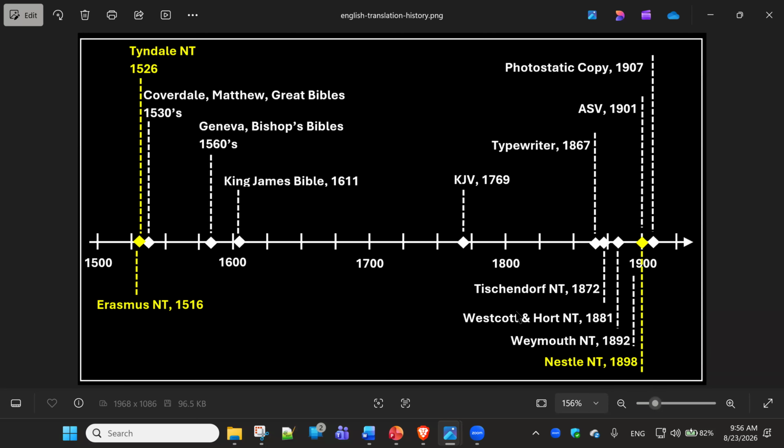You have, well, let's pick two entirely different manuscript traditions. Actually, well, let's keep going. Yeah, let's talk about the Nestle text. That's exactly the question. The Nestle text, edition number 1. At the time, it wasn't edition number 1. It was just the Nestle text. It's kind of like a movie, Alien or something.